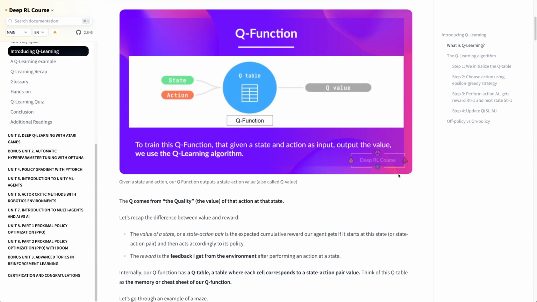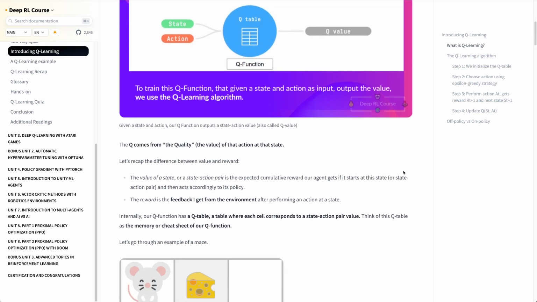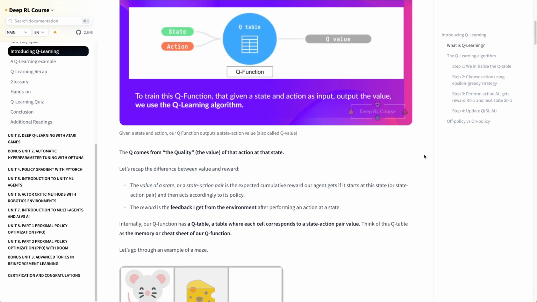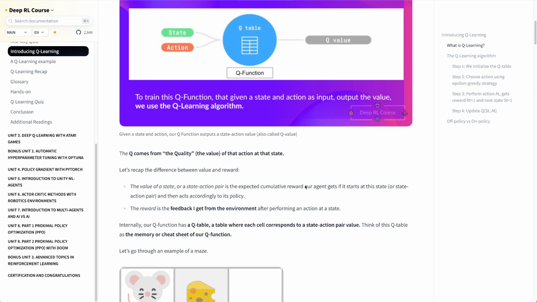Let's recap the difference between value and reward. The value of a state or state-action pair is the expected cumulative reward our agent gets if it starts at this state and then acts according to its policy. The reward is the feedback I get from the environment after performing an action at that state.